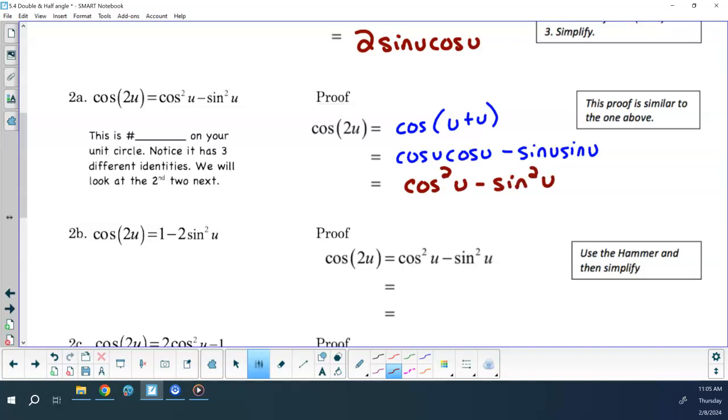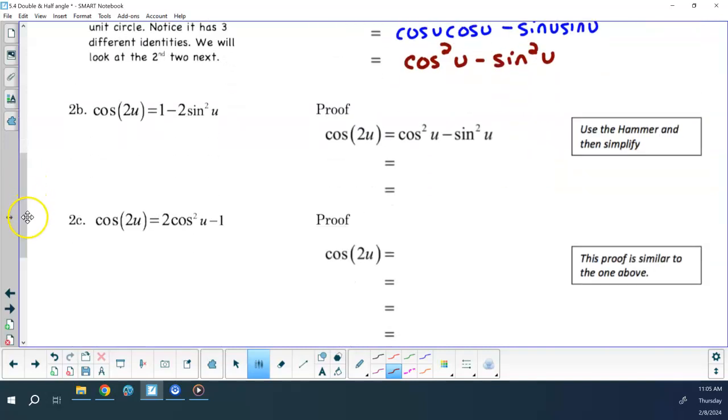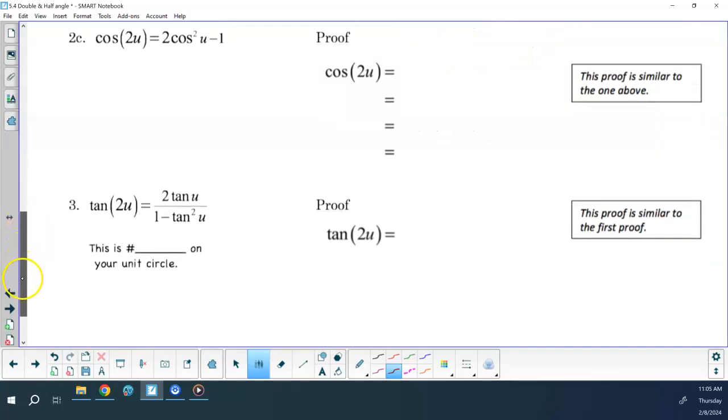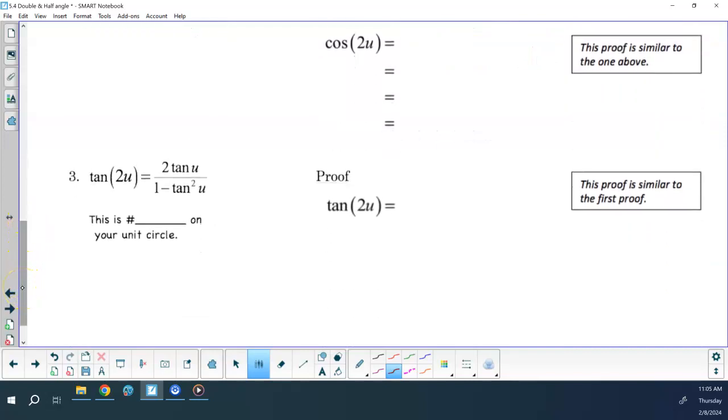Then you're going to take that one and use it to get a different one. So you're going to use it to get this one. Then you're going to take that one and use that, or you can start back again at the top and go back and do those two. Okay? And then tangent is the same way, where you start with the 2u as u plus u. And so you should have gotten all of that done last night before class today.